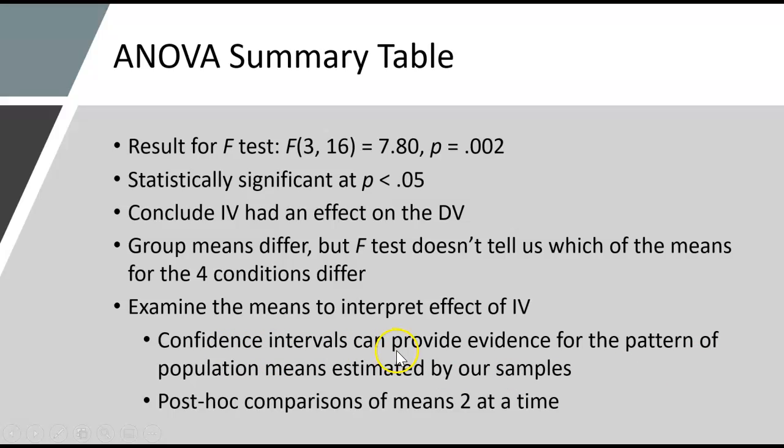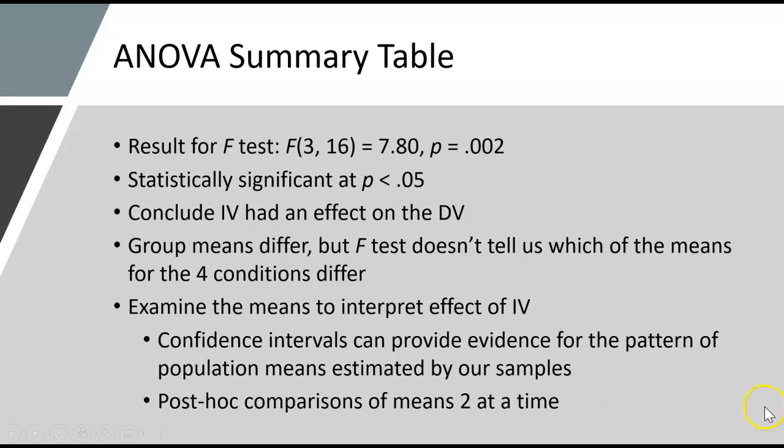You can look at the confidence intervals to give you some idea of the pattern of the means. I like to look at a combination of confidence intervals where I'm looking at pairs. And I also like to look at the means plots because I'm a very visual learner and it helps me to just eyeball them.